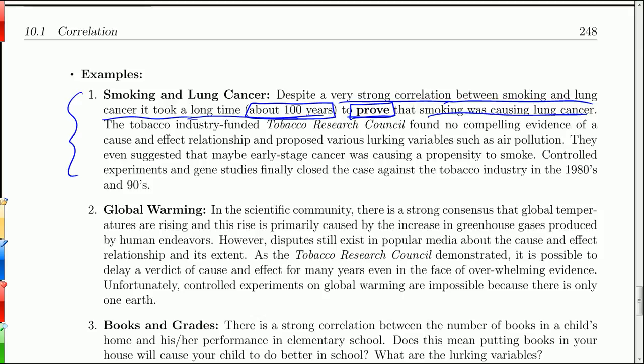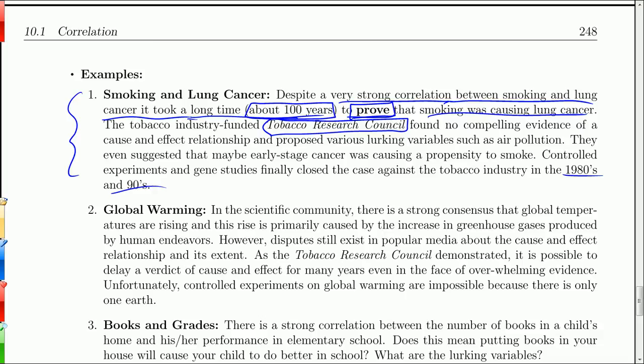And the tobacco industry had counsel that defended them for years and years, and basically they kept saying, correlation does not prove causation, and they were able to use that argument for decades. And then eventually, in the controlled studies and gene studies from the 1980s and 1990s, they did have an airtight case, and they did prove cause and effect in one direction.